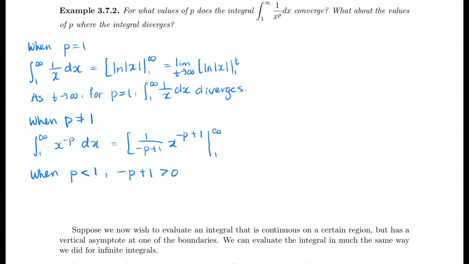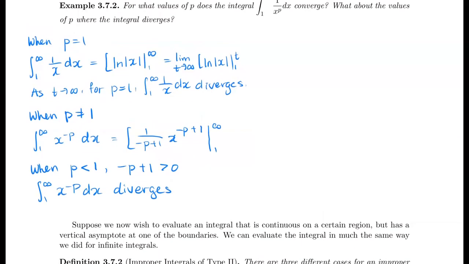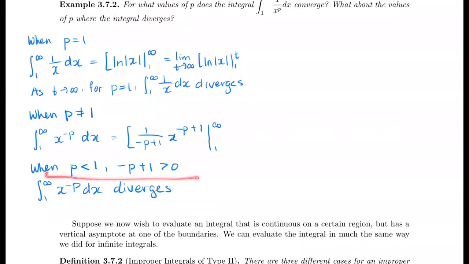Well, if that was the case, the integral here would actually diverge. So we say that the integral of x to the power negative p dx diverges, because this is a positive value now, and if it's positive, then it diverges. For example, take x squared. Okay, so we had this part.